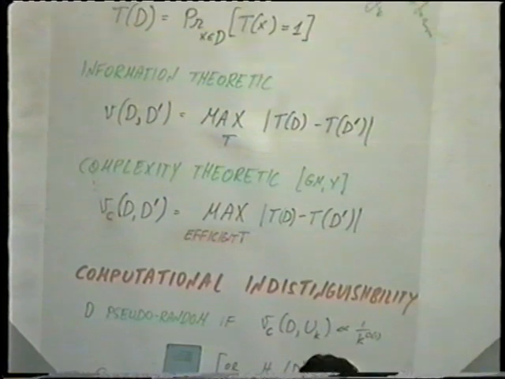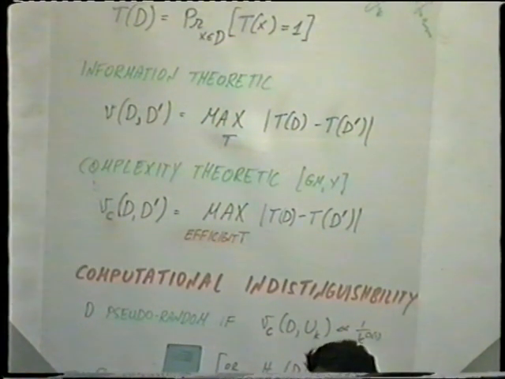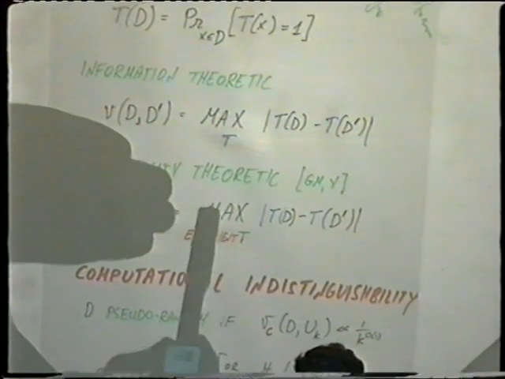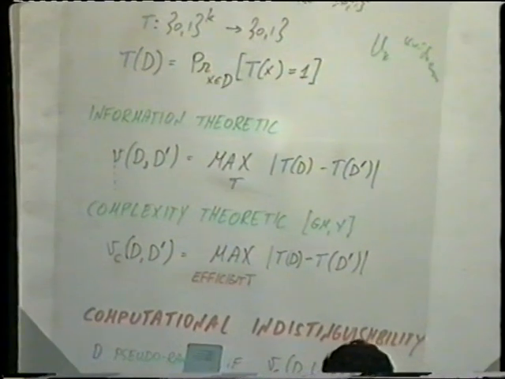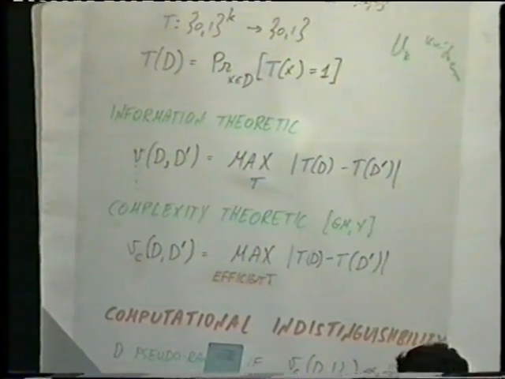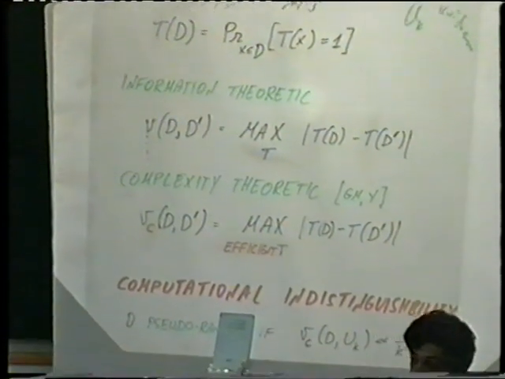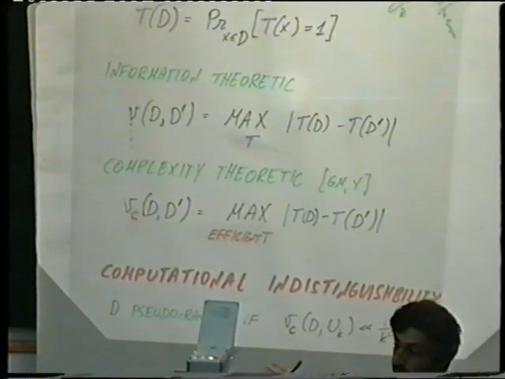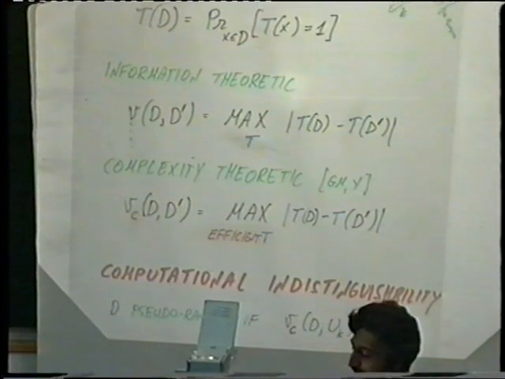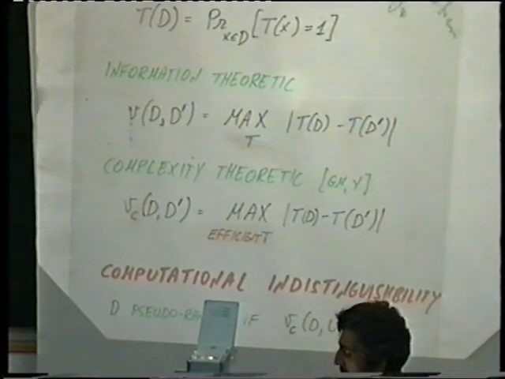T is an efficient circuit. For every t, this difference is well defined. Now take the maximum over all efficient tests. There are lots of them. I don't want to speculate how difficult it is, but it's well defined. Okay, good.